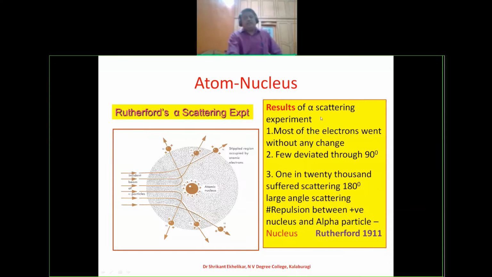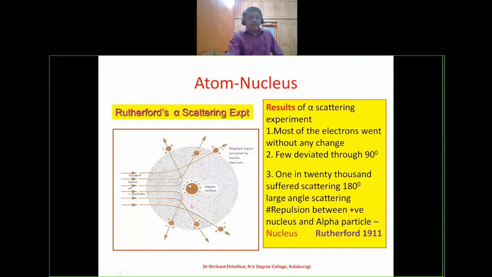Once again, results of alpha scattering: most of the alpha particles went straight without any change, few deviated through 90 degrees, and 1 in 20,000 suffered 180 degree large angle scattering. Why is this happening? Rutherford says that at the center, as if the whole mass of the atom is concentrated at a single point. The rest is empty, therefore the alpha particles go straight without any scattering.